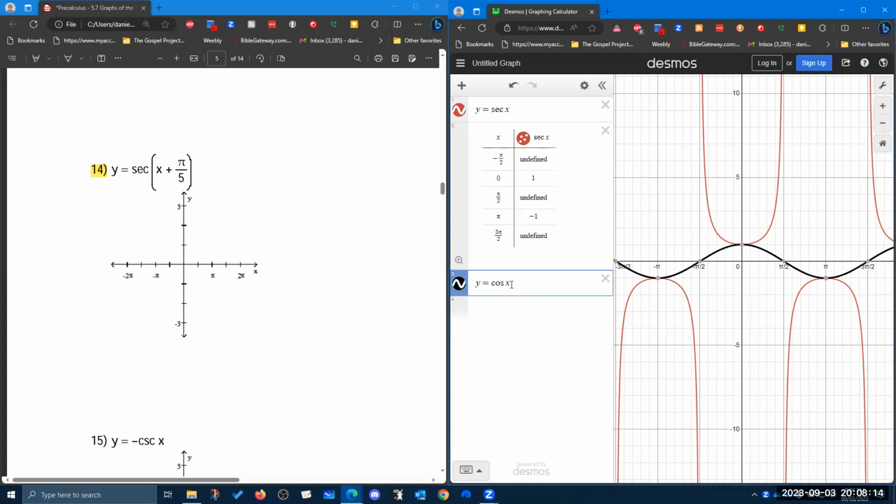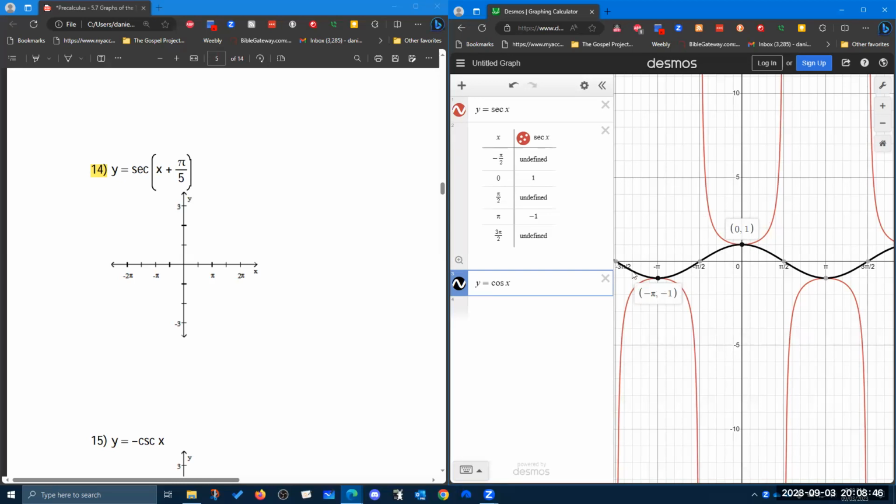And I want to show you also, if it helps you to graph it, that y equals cosine of x is going to stay between these parts of the graph of secant. The minimum of cosine is going to be this local maximum of secant, and this local maximum of cosine is going to be this local minimum of secant, because when I take the reciprocal of something between 0 and 1, it's going to become greater than 1.